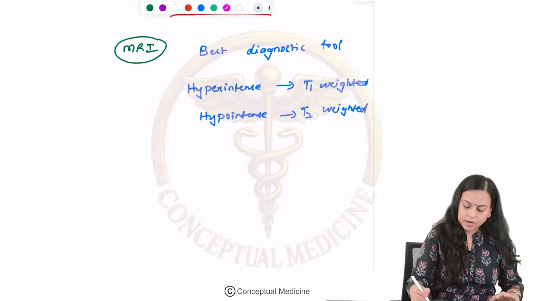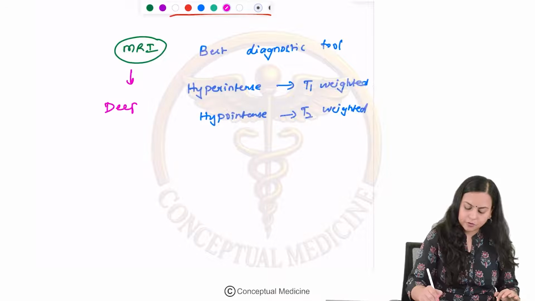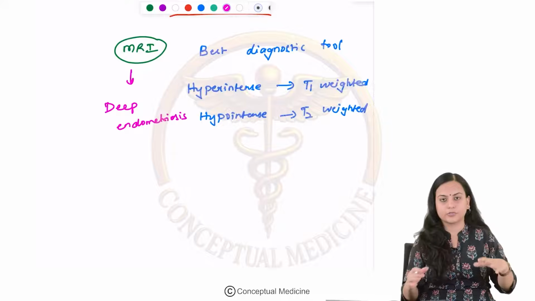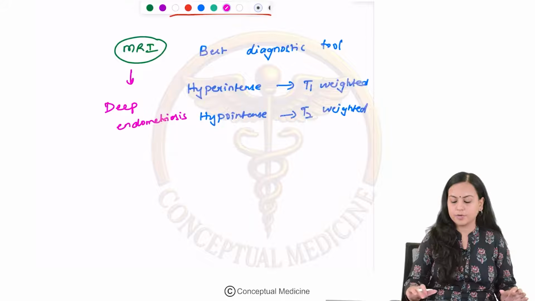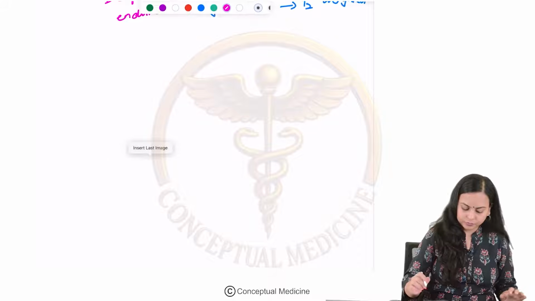This is also better to diagnose deep endometriosis. Deep endometriosis means deeply going lesions. The depth of the lesions can be assessed perfectly with an MRI. Clear?